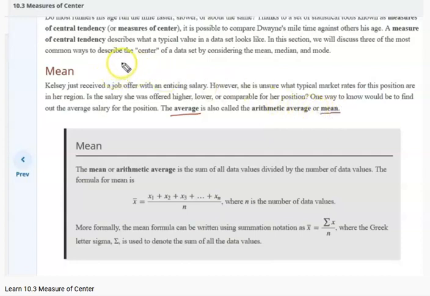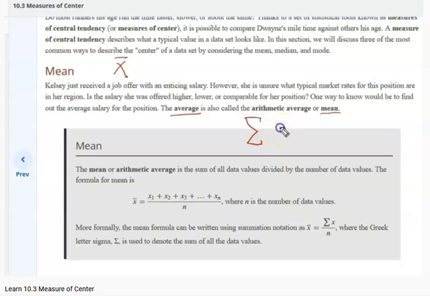And this is symbolized by the letter X with a bar on top of it. This would be of a sample. You list the number of items in the sample, their scores, whatever, and then divide by the number of items that you have here. And then they have this Greek symbol here called sigma.